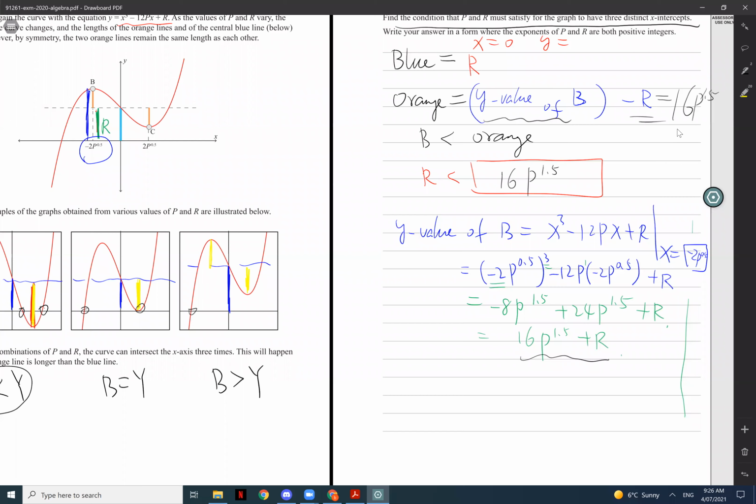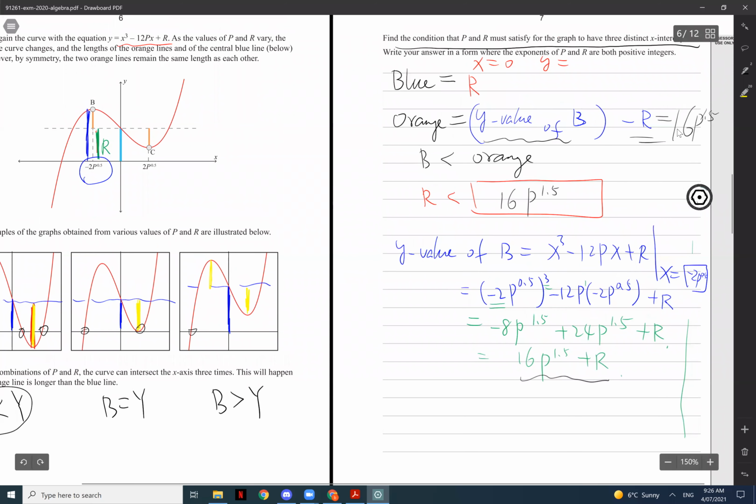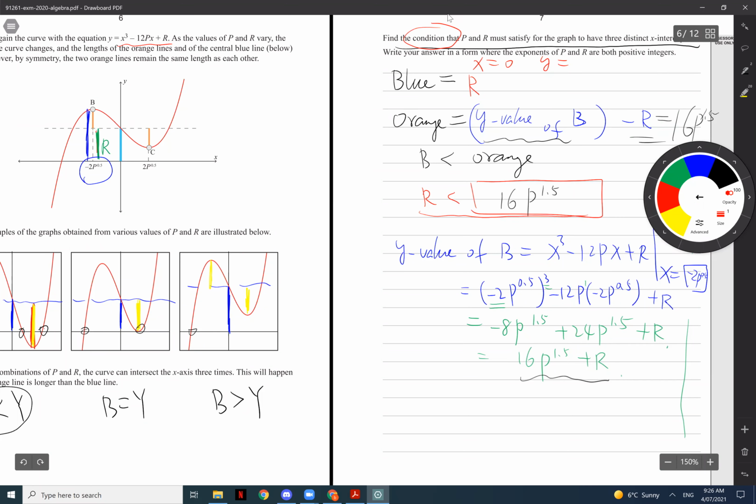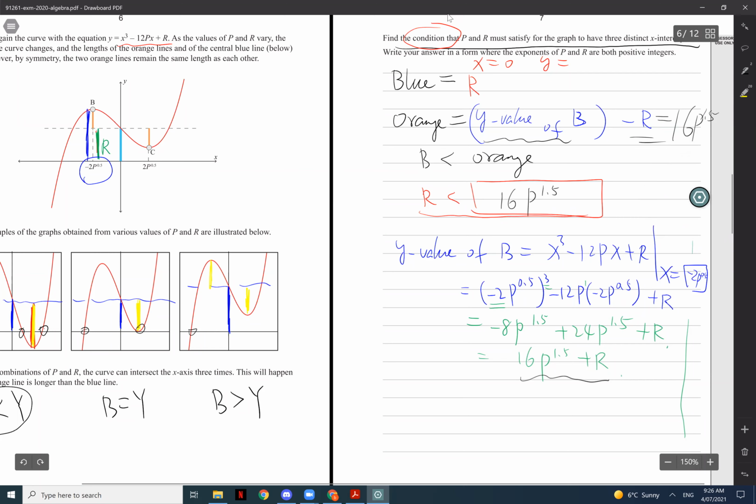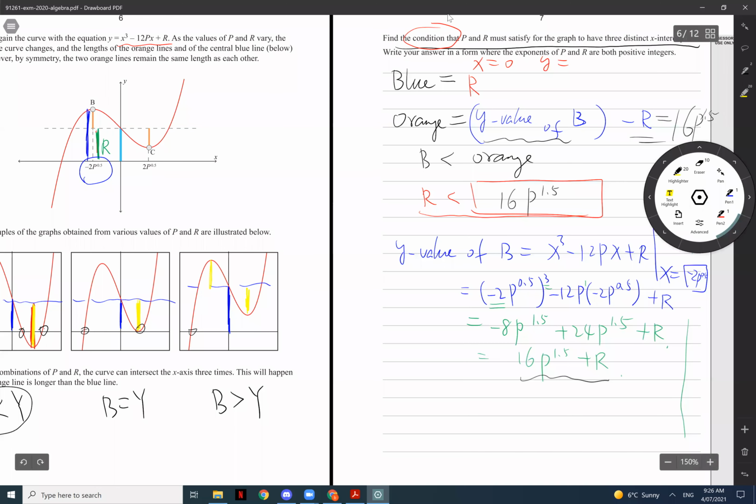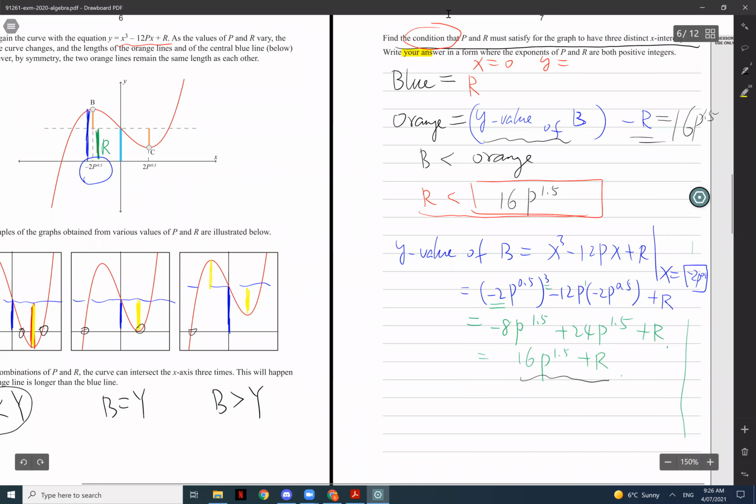We have the condition. They ask you to find the condition, right? Does our condition satisfy the question? Check. They ask you to write the answer. Exponent is the same as order or power, both positive integers. So you cannot use power 1.5.